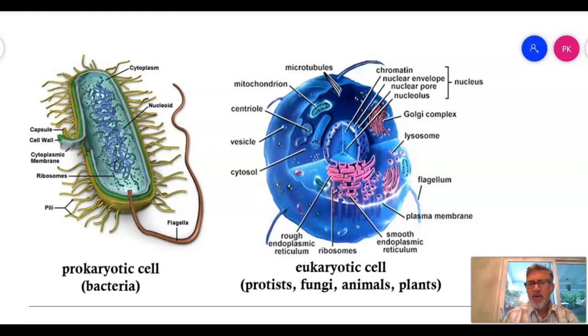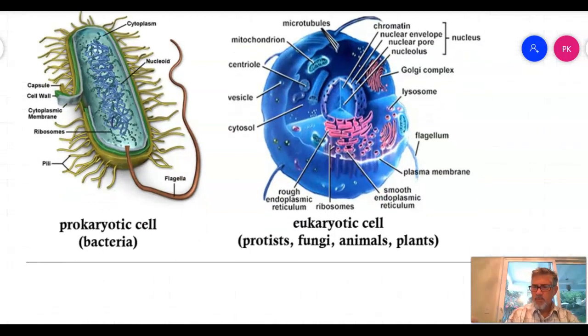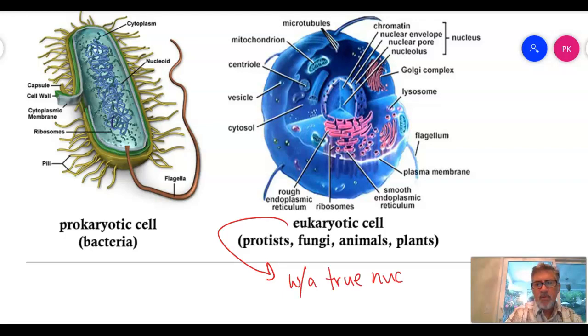The eukaryotic cell, so eukaryotic means true nucleus. So we had our nucleus here surrounded by that nuclear envelope. It has those pores that allow things to get out. It holds the DNA.